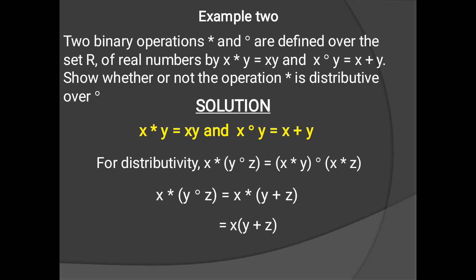So it's going to be xy plus xz. So we are done with this side. Now we go to the expanded form, using our rules given. Then we compare our answers.